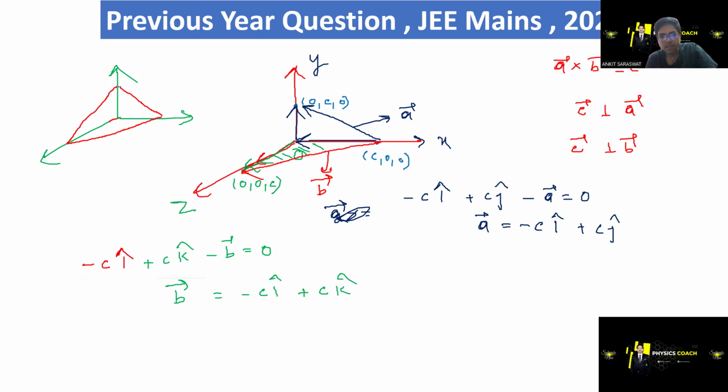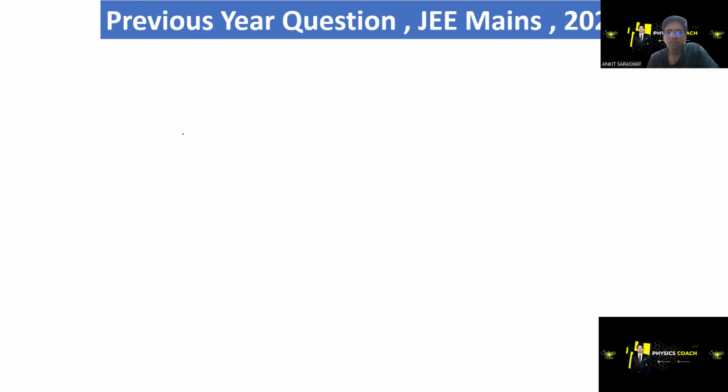If you take a cross of these two vectors, A cross B, that vector will be perpendicular to these two vectors. So that's what we needed. I will find the C vector, which is perpendicular to the A vector and B vector. C vector will be A cross B.